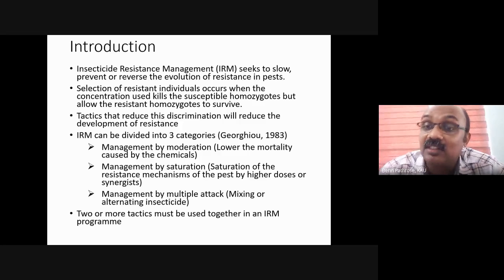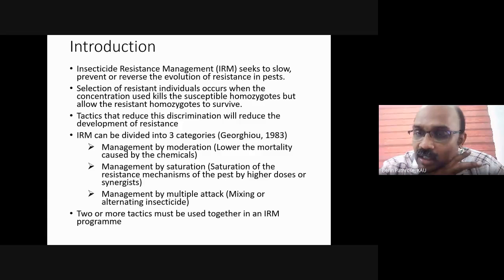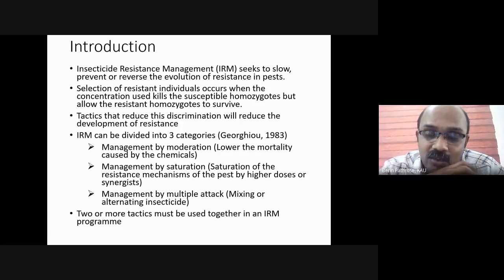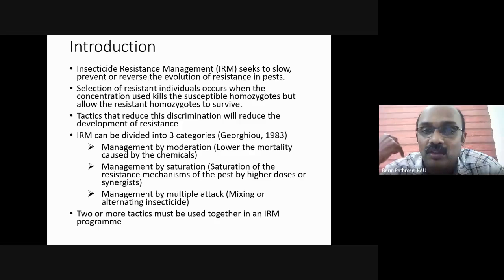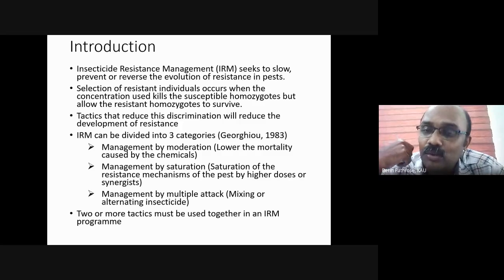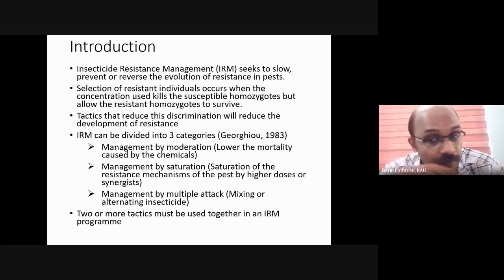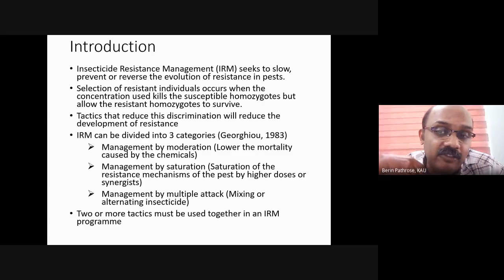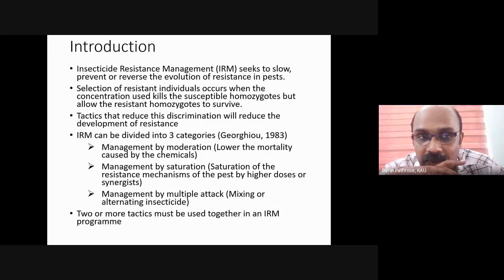Anyway, the insect will develop resistance. We can't prevent it. So one thing we can do is slow down the chances of development of resistance. And the next one, prevent the development of resistance, is almost an impossible task. We can prevent it only if we have a solid IPM package.